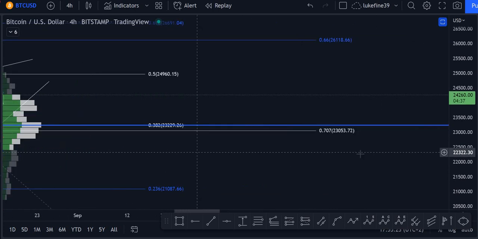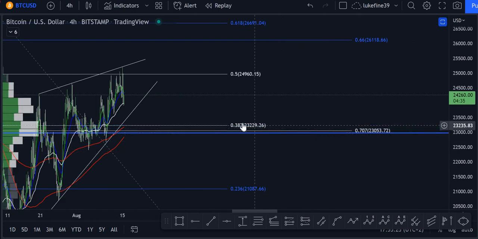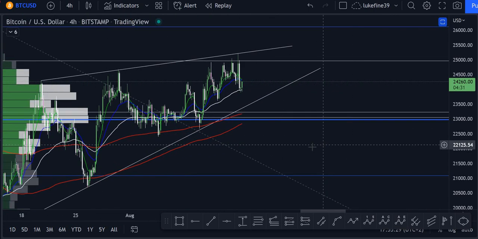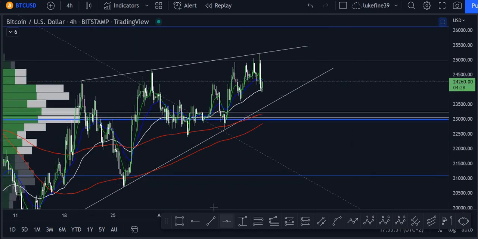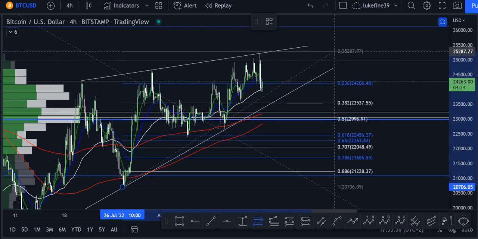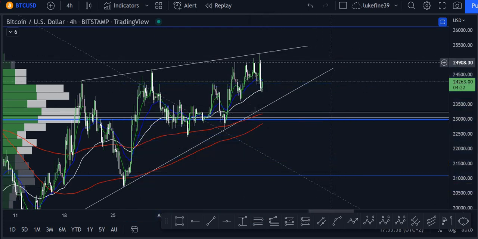We have multiple fib confluence, the 0.707 and 0.382, and now if we even take this low to this high, we again have some fibs right at that area.